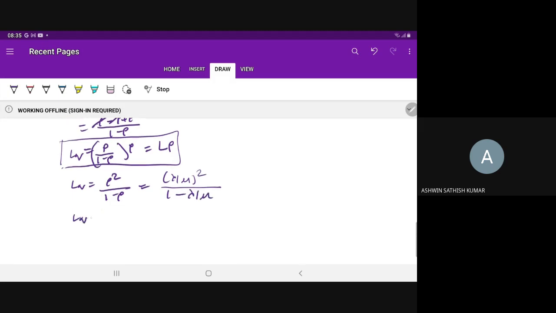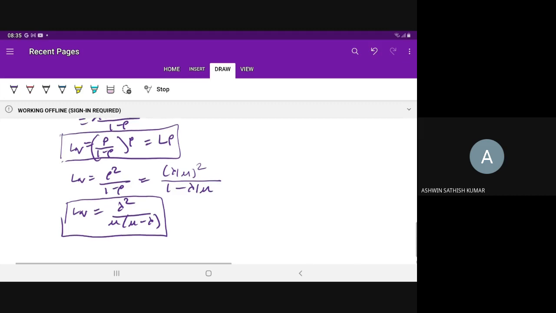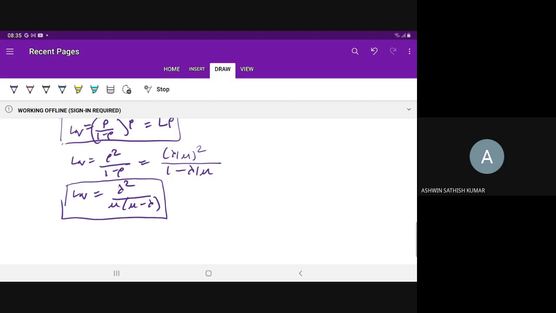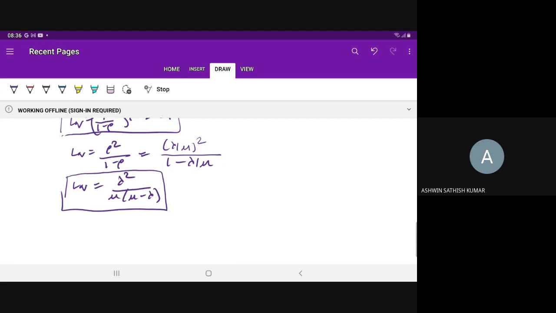That can be written as LQ is equal to lambda square upon mu square, and 1 minus lambda upon mu. So that can be written as lambda square upon mu into mu minus lambda. That is another formula for LQ. So we have computed L and LQ.